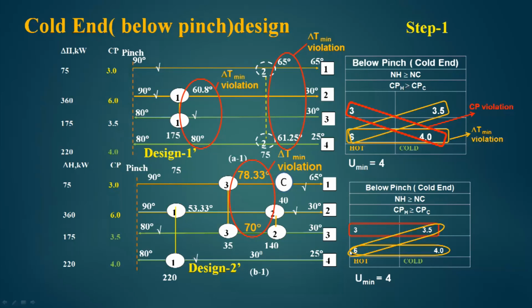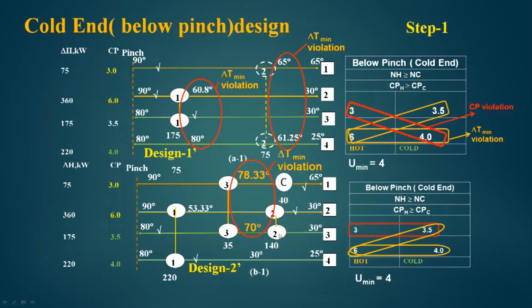Here we can put a match between 6 and 4, and this is completely valid because CPH is greater than CPC. So, we put a match between stream number 2, which has a CP of 6.0, and stream number 4, which has a CP of 4. This match is called match 1.